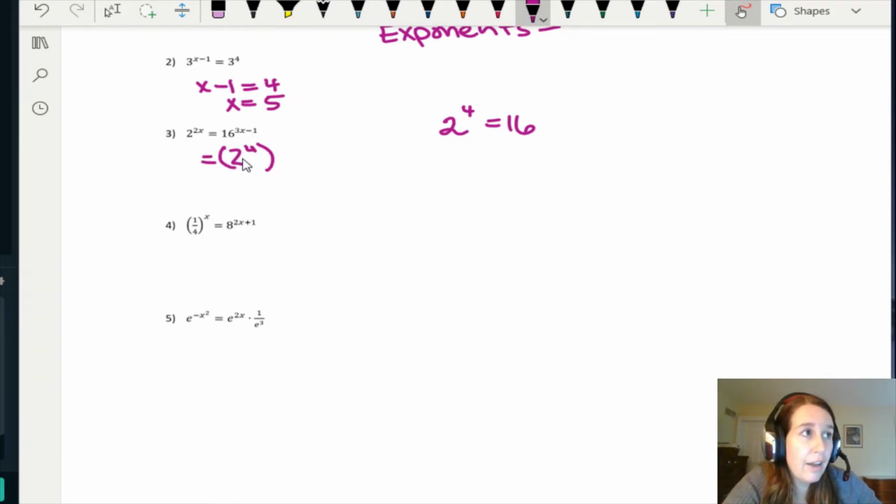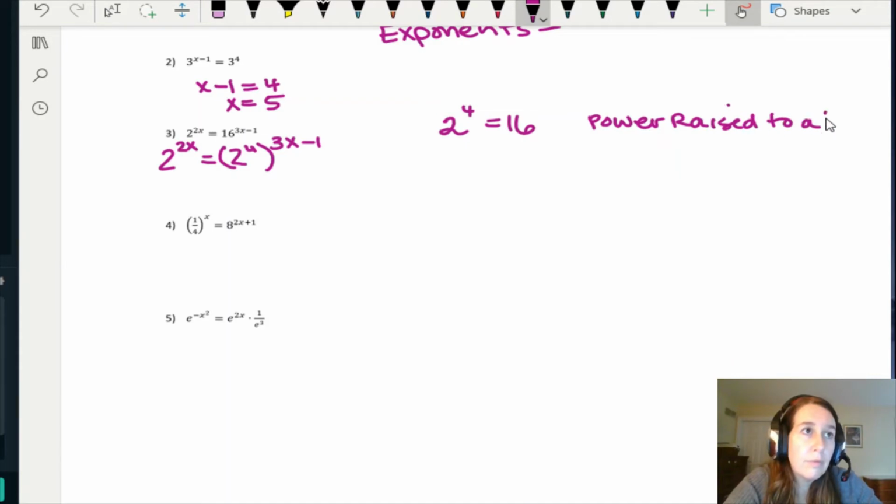And then we still have this 16 raised to the 3x minus 1. The other side is still 2 to the 2x, okay? So now this is 2 to the 4th raised to the 3x minus 1. The rule for power raised to a power for exponents, that would be like saying a to the 2 raised to the 3rd power, right?